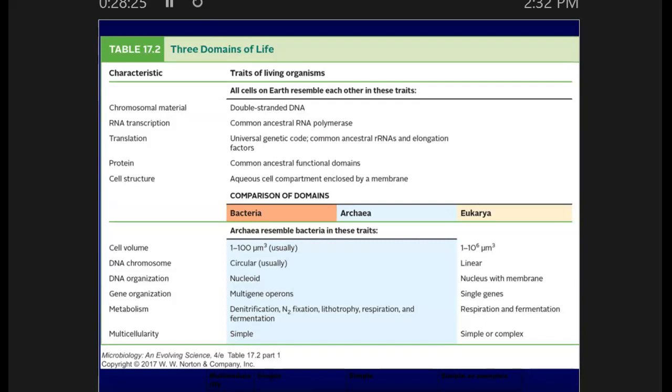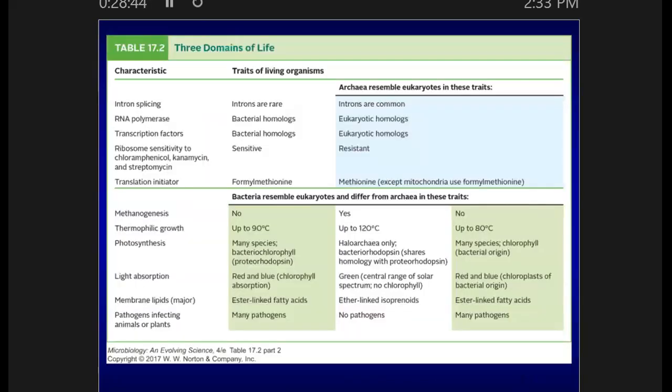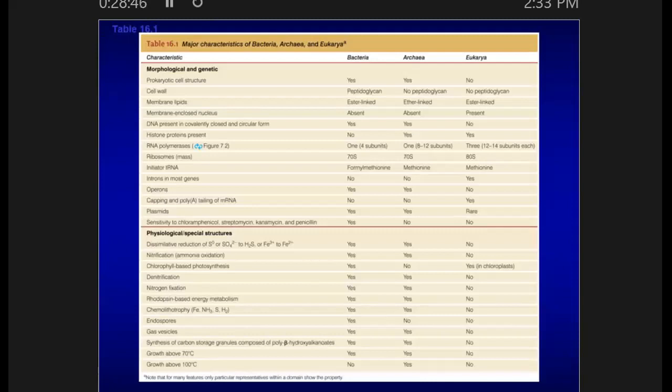These are some of the things that you can say are similar or different. I think this one is from your textbook. It might be a slightly different table number based on the new edition, but this is good for study purposes. But let me show you this one, which is not in your textbook, but it's a little easier for me to tell you what I want you to study.